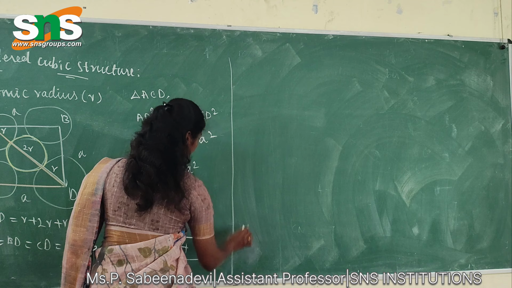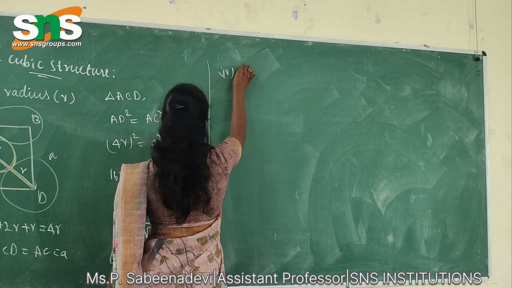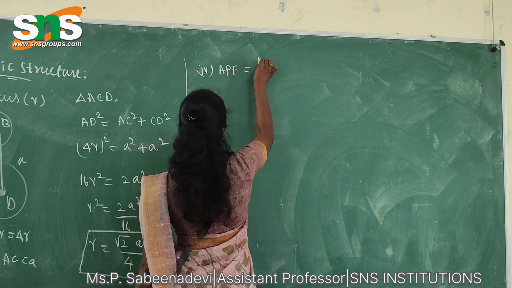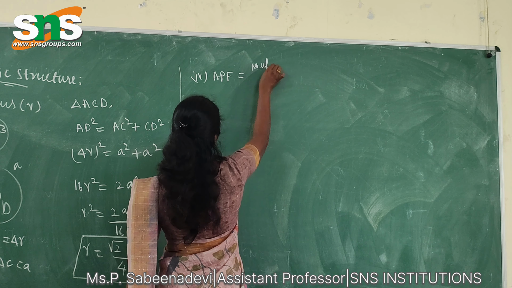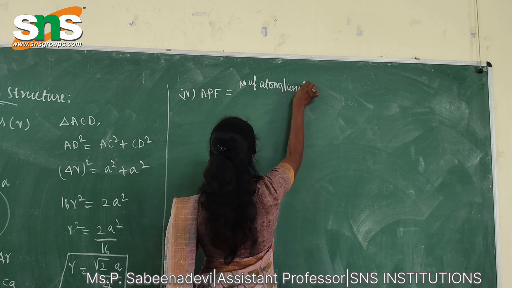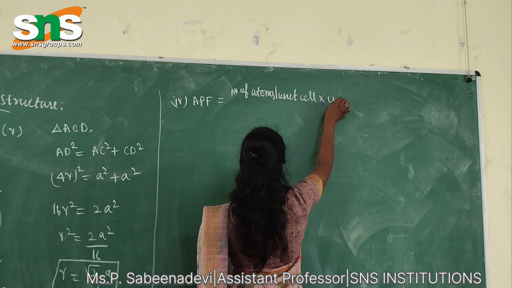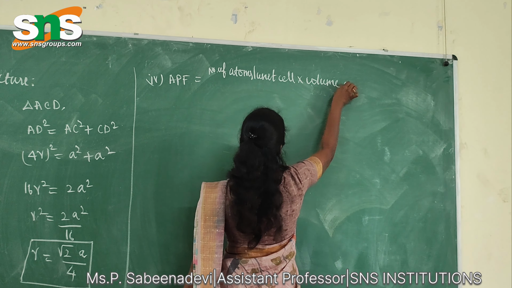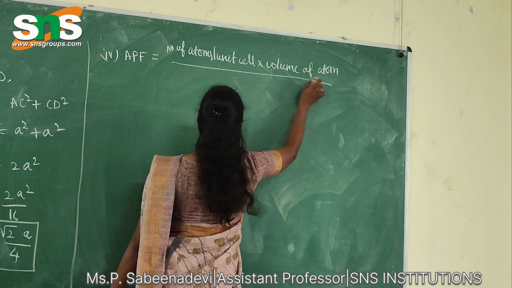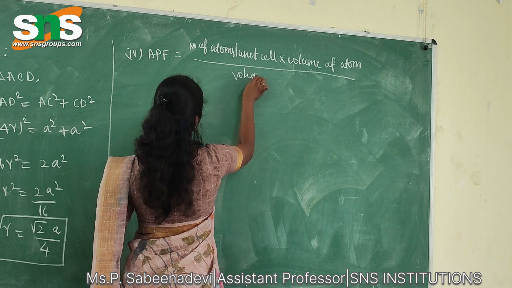Next we have to find the atomic packing factor, APF. APF is the ratio of the number of atoms per unit cell times the volume of an atom, divided by the volume of the unit cell.